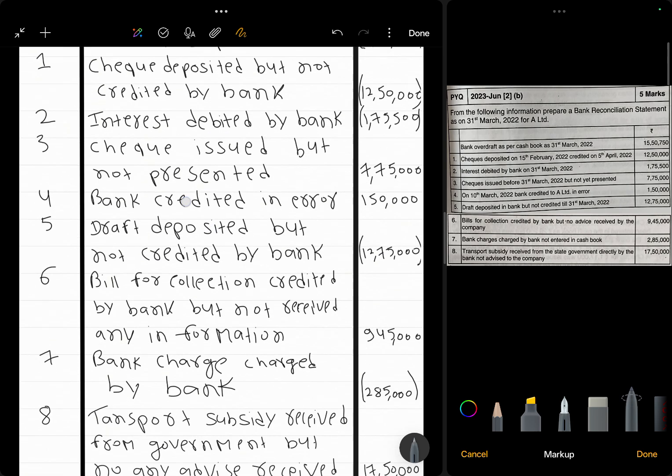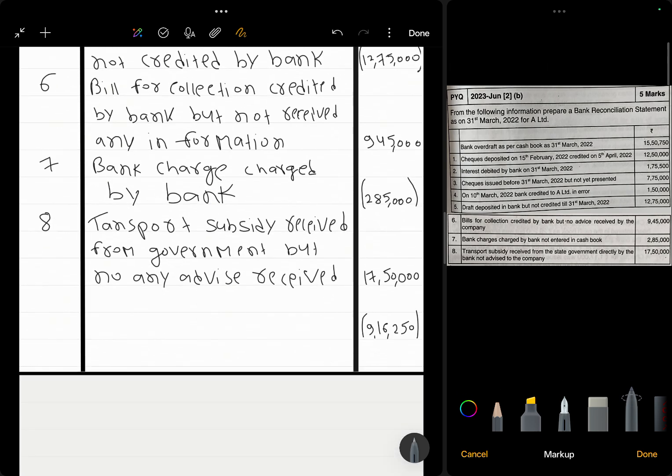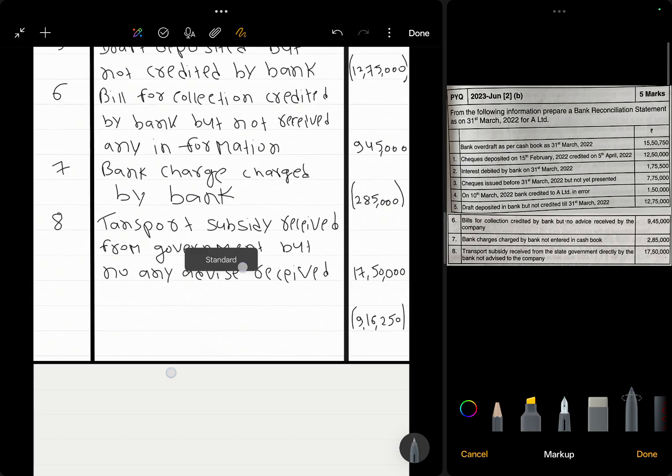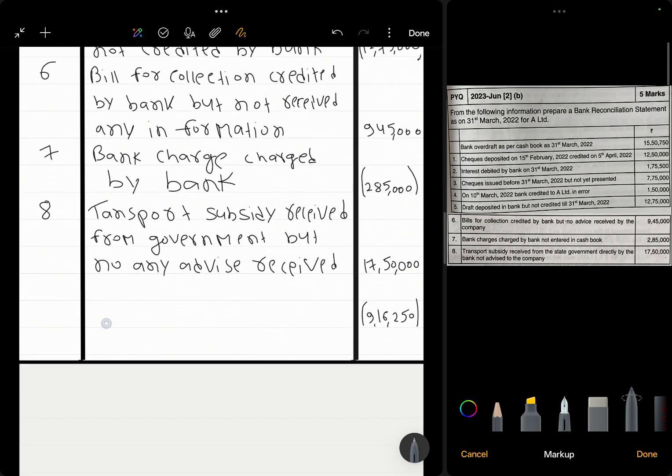Here is the cash book, so here it will be passbook. Okay, so here it will be balance as per passbook.